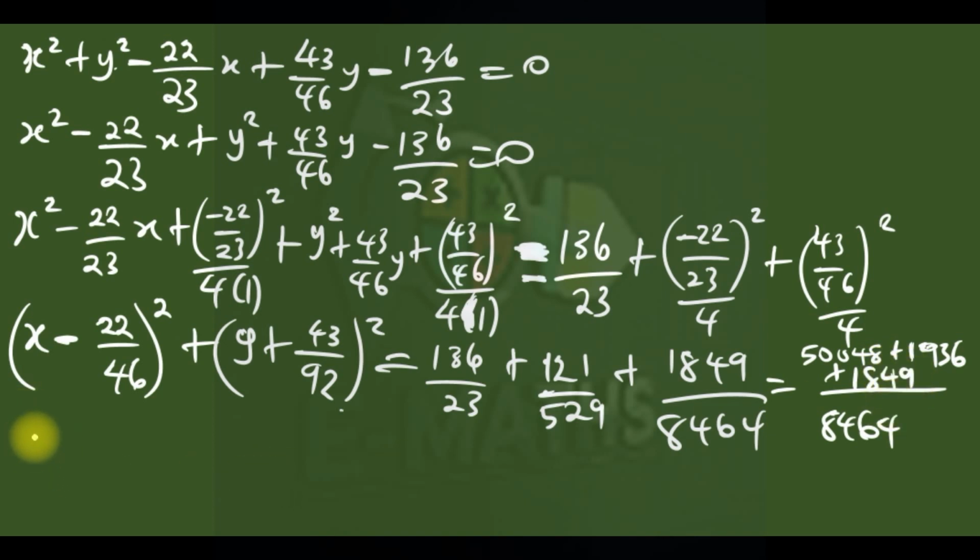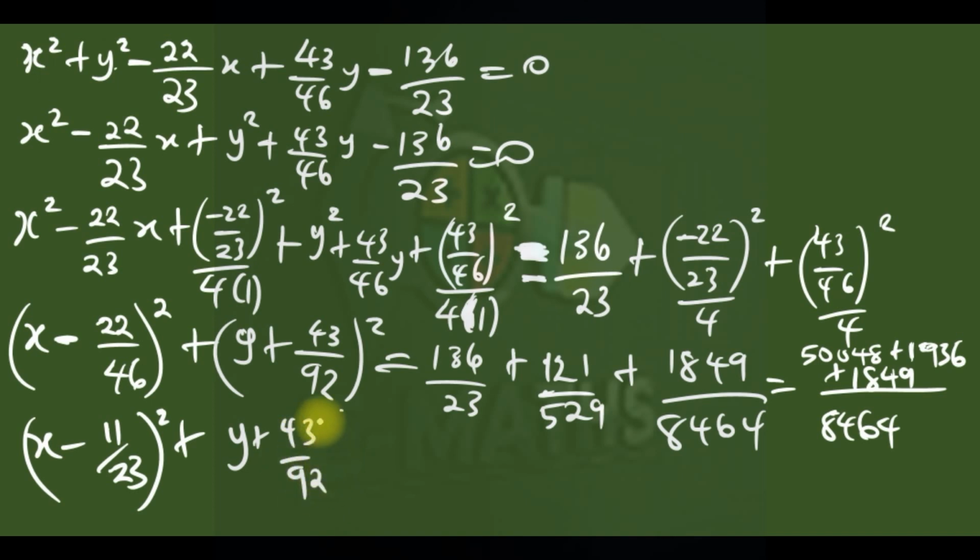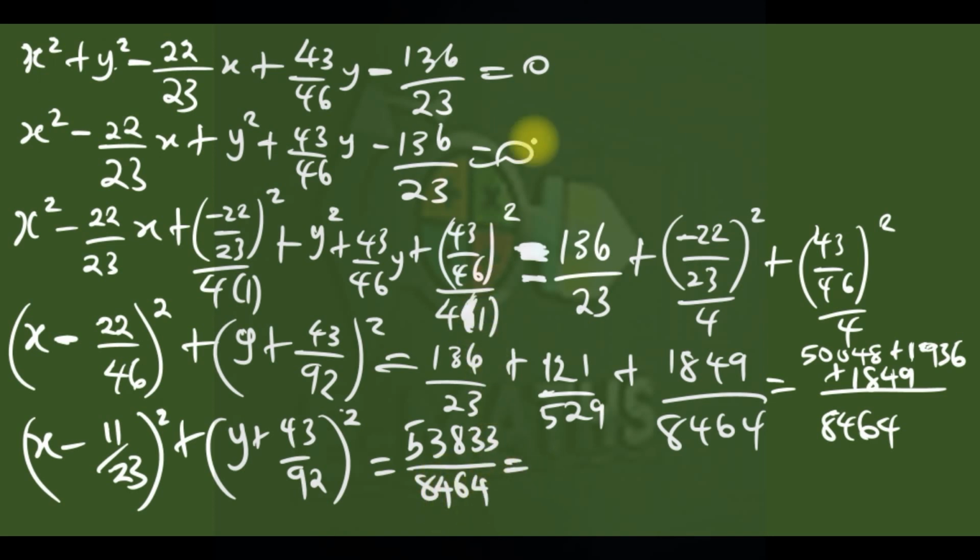So add everything. Okay, let's just write this: x minus, we can reduce this more, 22 over 46 is 11 over 23, squared, plus y plus 43 over 92 squared is equal to, let's add 50048 plus 1936 plus 1849. So we have 53833 over 8464.